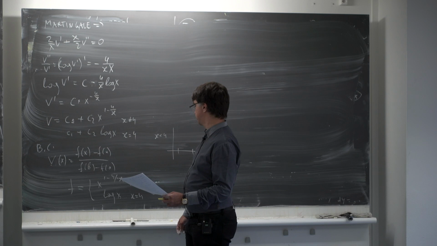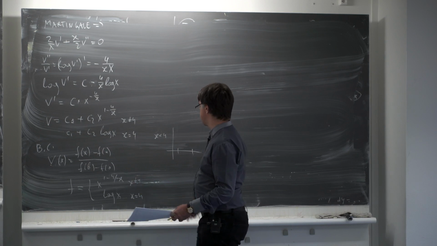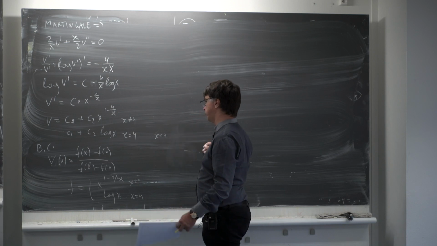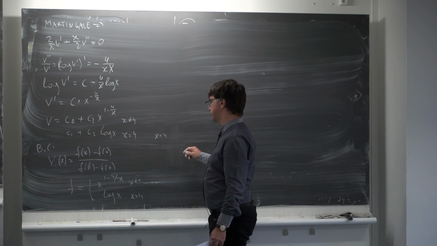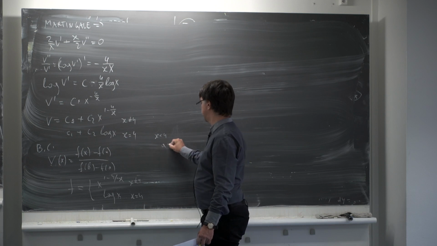Yeah, so if kappa is smaller than 4, suppose that, what happens when a tends to 0?